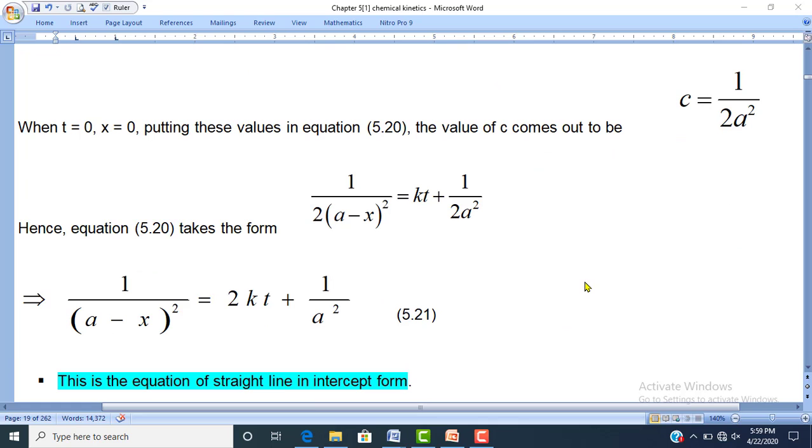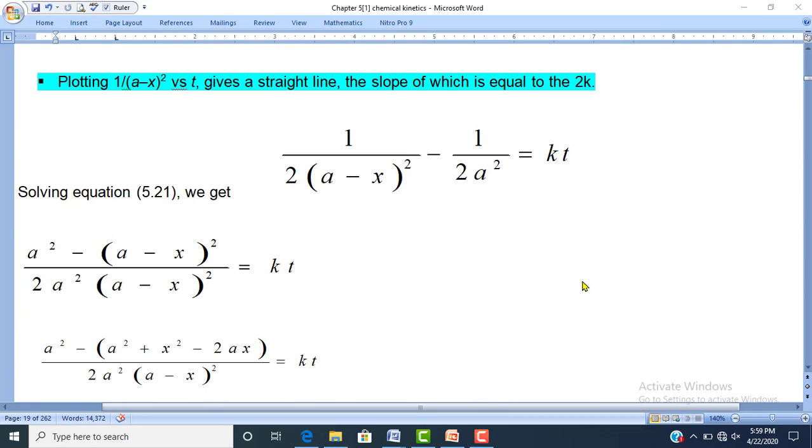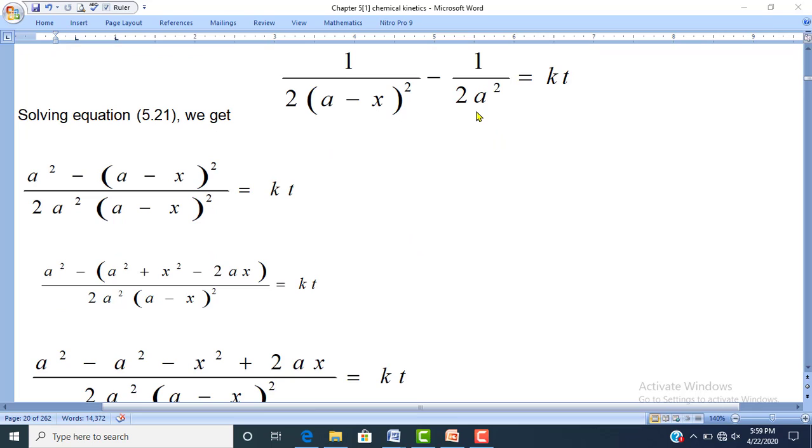Dear students, after rearranging the equation, we will apply simple mathematical tools, just like taking the LCM, then taking the algebraic formula that (a minus b) square is equal to a square plus b square minus 2ab.